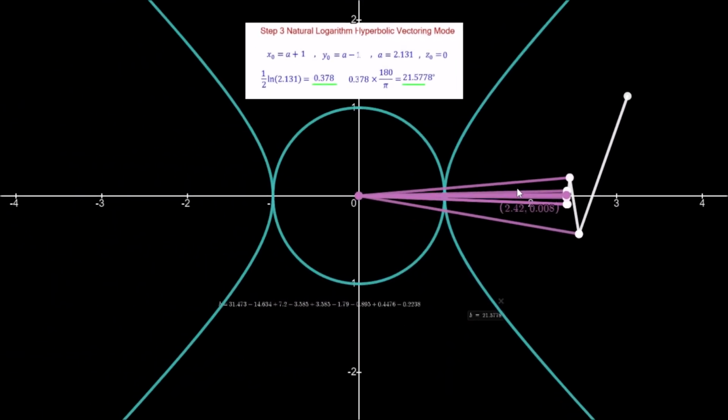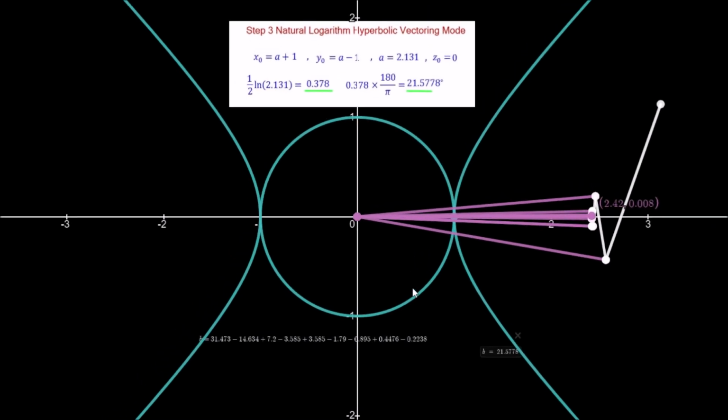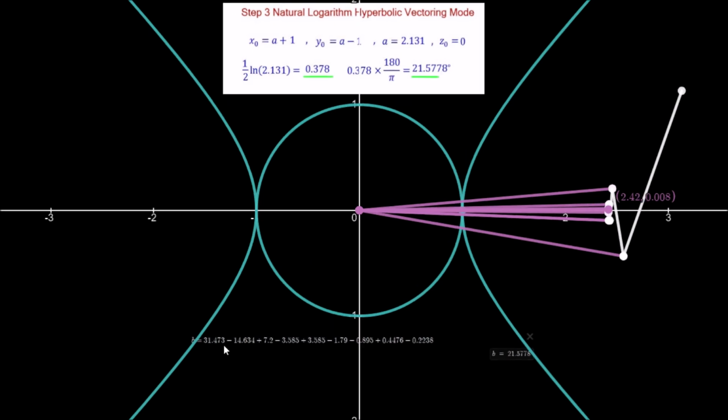Now I've already worked through this example and I've worked through the value of Zn. So what we have to do is we have to add and subtract off the relative angles for this particular vectoring mode. So these are the angles here. So let me go ahead and I'll put those into the calculator.